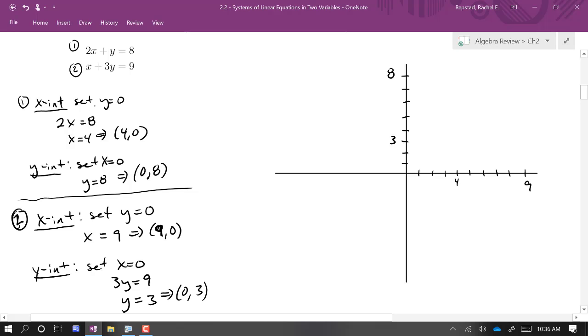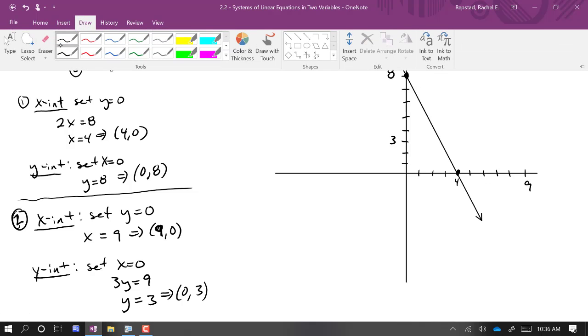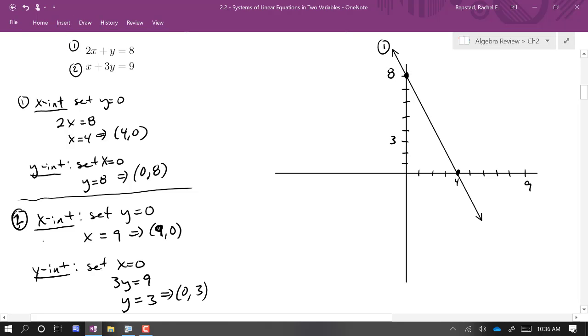Line 1 has an x-intercept of 4 and a y-intercept of 8. So there's the first line. And line 2 has an x-intercept of 9 and a y-intercept of 3.